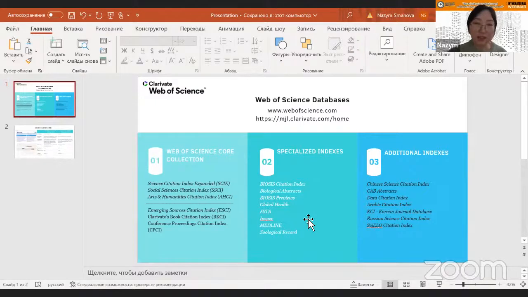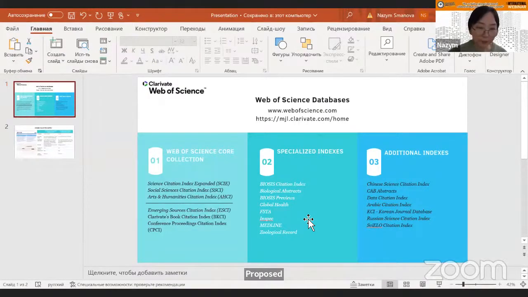Since the Science Citation Index was developed by the Institute for Scientific Information, many countries, especially those where English is not the native language, such as China, proposed citation indexes of their own.